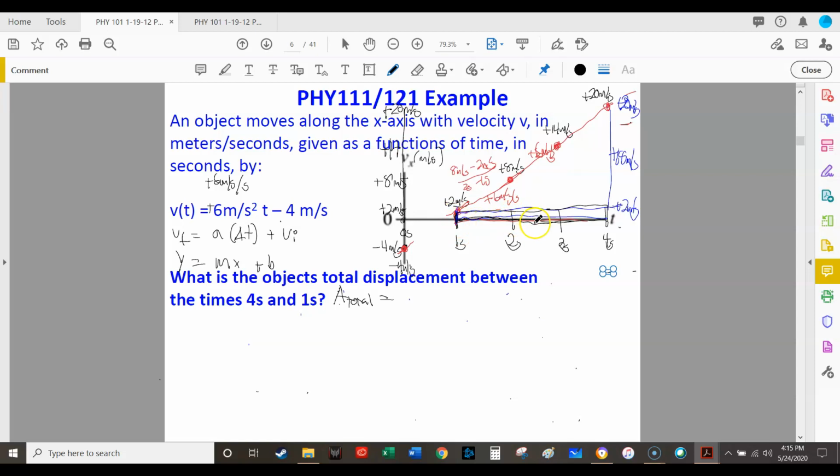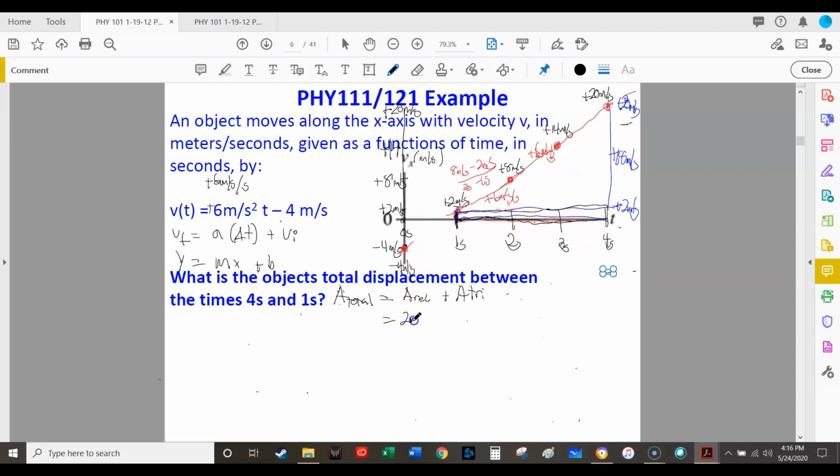So that's the area of a rectangle, plus the area of the triangle, and that triangle goes from 2 meters per second to 20 meters per second, and also 1 second to 4 seconds, right? So the total area there is going to be the area of this rectangle, which is 2 meters per second over 1, 2, 3 seconds, right?